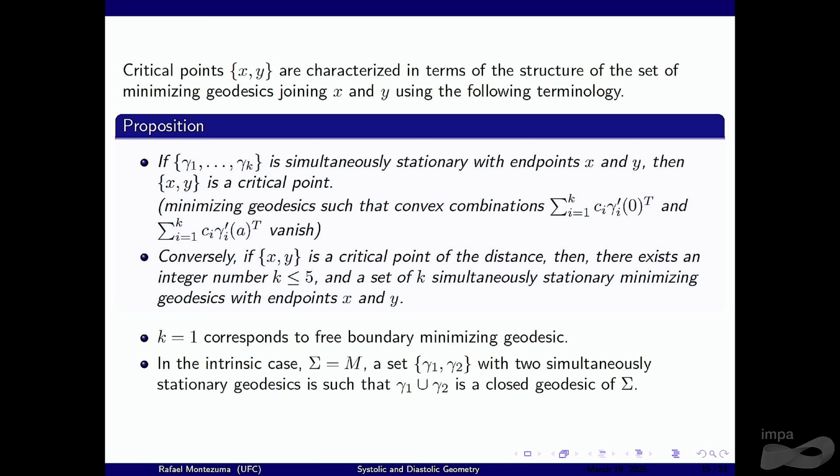For example, if you have a set with only 1 simultaneously stationary geodesic, then you must be in the embedded case, and this must be a free boundary geodesic, which is also minimizing. And if you have exactly 2, then you must be in the intrinsic case. And these 2, if you put them together, then they make a closed geodesic. Okay.